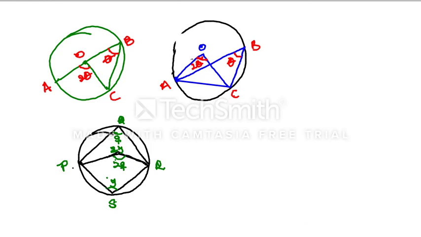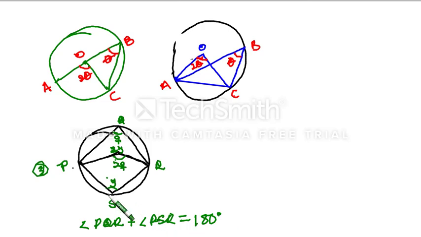But before we take the question, we still have to note one thing. Now from the third diagram, this very diagram, we can conclude that angle PQR plus angle PSR equals 180 degrees.